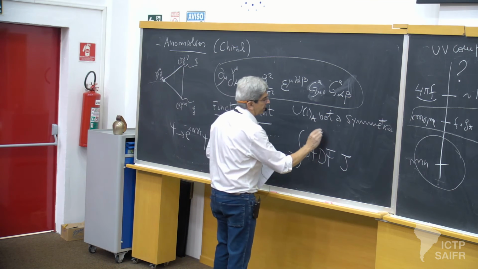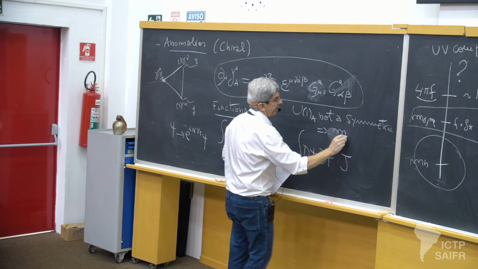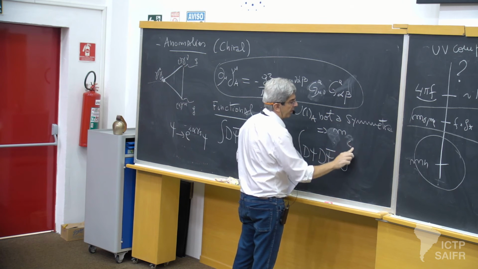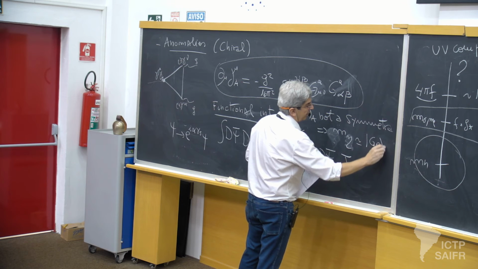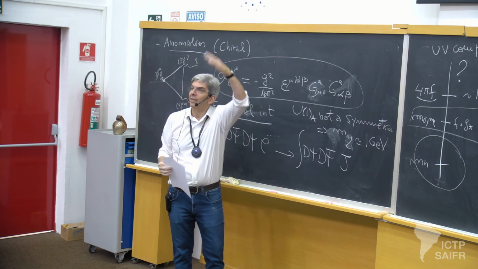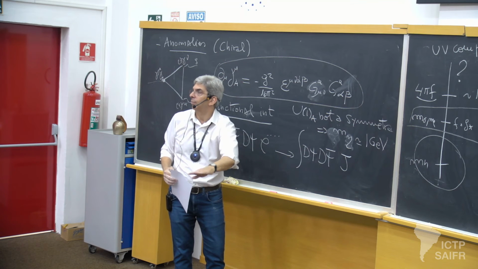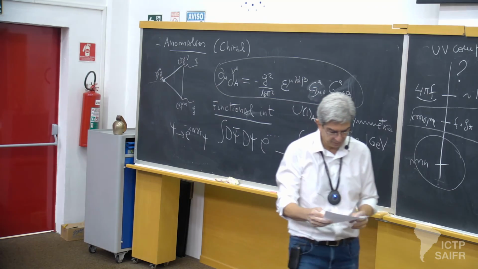And so that means that the mass of the eta Goldstone boson from the spontaneous breaking of the U1 axial is approximately 1 GeV, which is the cutoff of the whole chiral symmetry breaking story. So it lives at the cutoff, not next to the pion, okay? Good, it's an anomalous symmetry, okay?